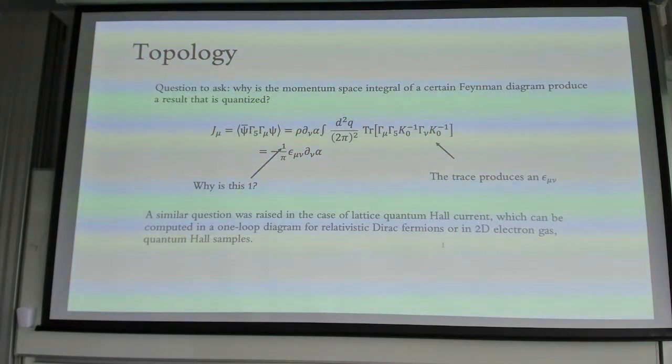And you can ask a similar question that was raised in the case of lattice quantum Hall effect, both in the case of relativistic Dirac fermions and 2D electron gas, where you can compute the Hall response using a one-loop Feynman diagram. So in the lattice quantum field theory, it's just a one-loop lattice perturbation theory diagram.